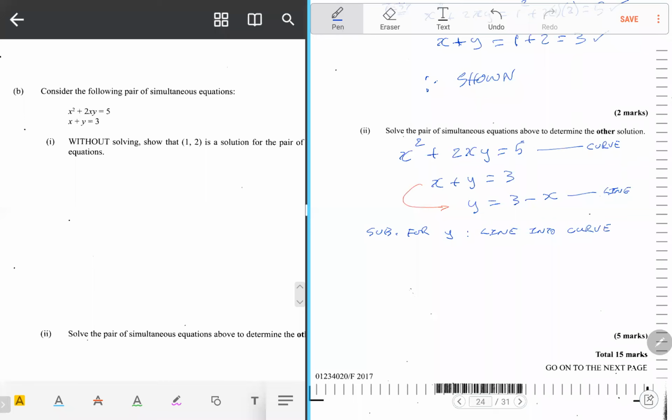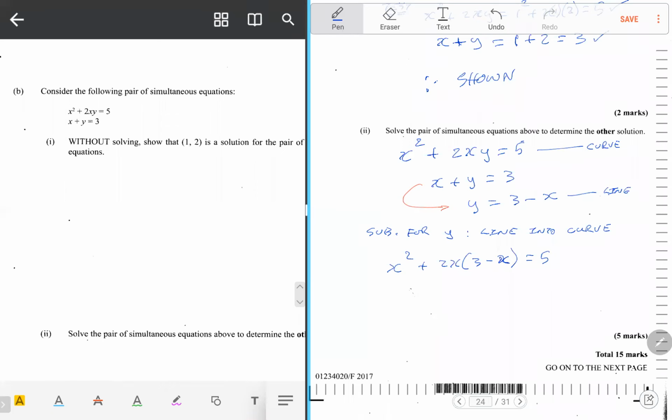Substituting for the y, the curve becomes x squared plus 2x, where the y is, I'm going to put 3 minus x, and that is equal to 5. You're going to write this out in standard form. It's a disguised quadratic.